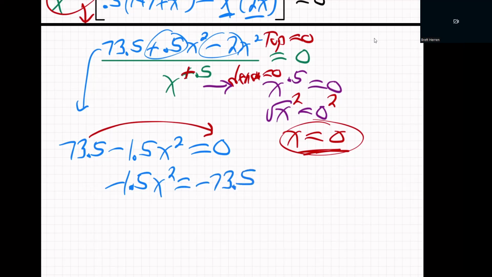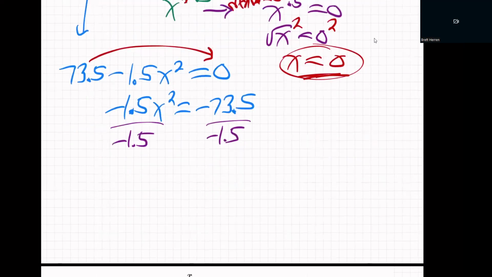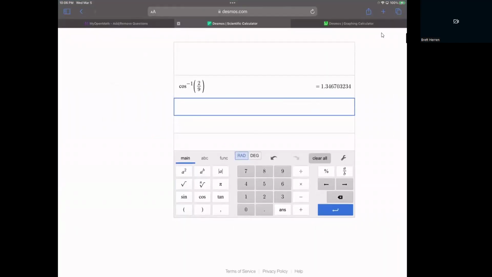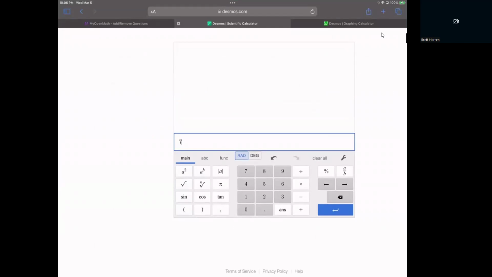Minus 73.5 divided by minus 1.5. I don't know, 73.5 over 1.5? I'm hoping it's clean. 49, that's beautiful.